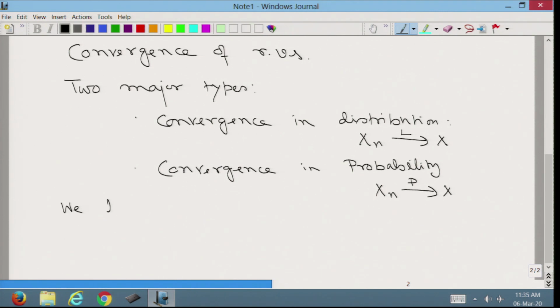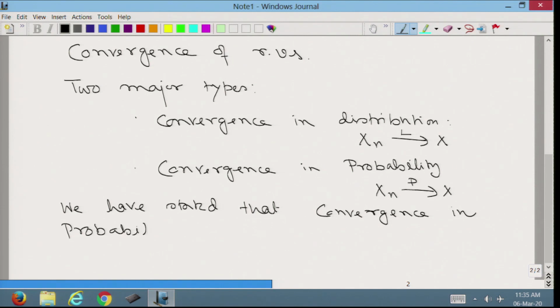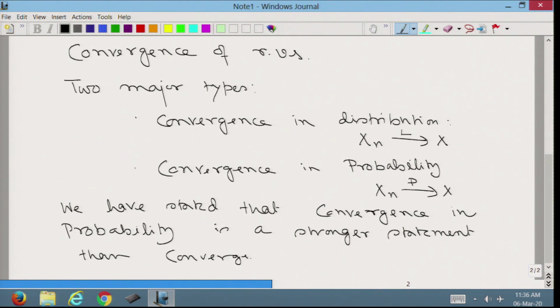We have stated that convergence in probability is a stronger statement than convergence in distribution.